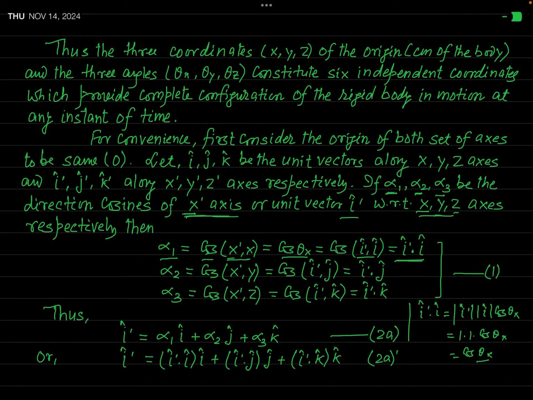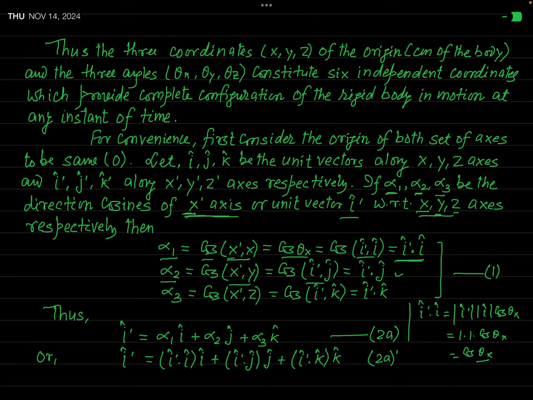In a similar manner, when you define the direction cosine alpha 2 of x dashed axis with respect to y, it means the cosine of the angle made by x dashed axis with y axis. That is alpha 2, which is cosine of x prime comma y. That can also be written as cosine of I prime comma j, and similarly as I prime dot j. You can check it.